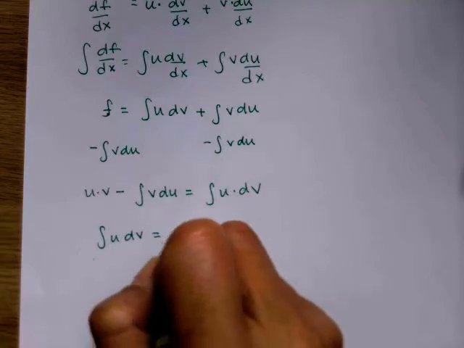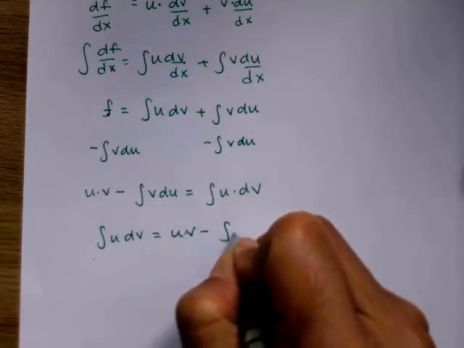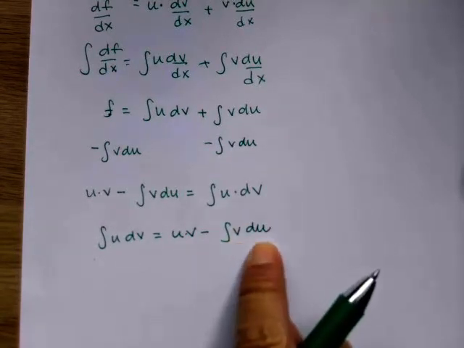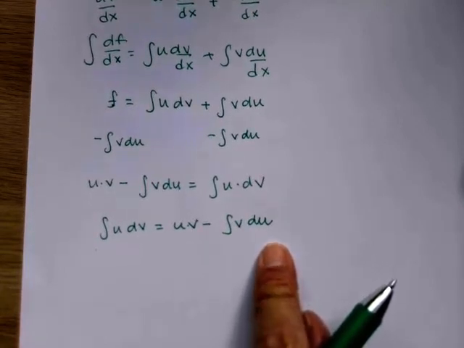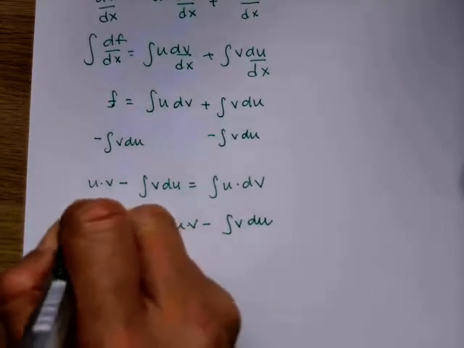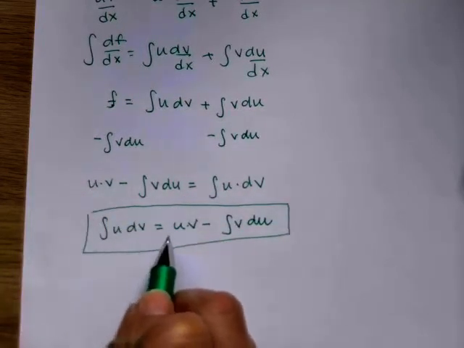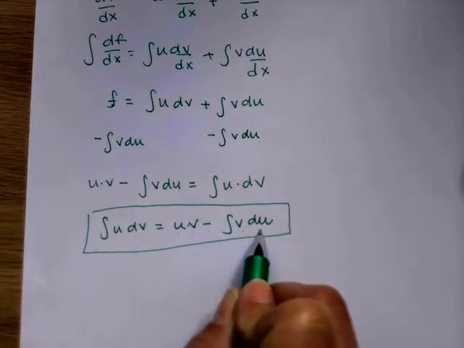So sometimes when that happens, we can do this integration by parts, and we can create this other integral of v times du that we do know how to integrate. So this is the integration by parts: the integral of u dv is equal to u times v minus the integral of v du.